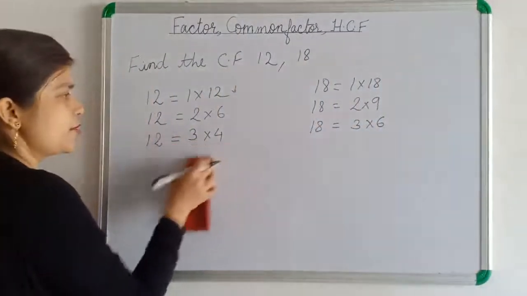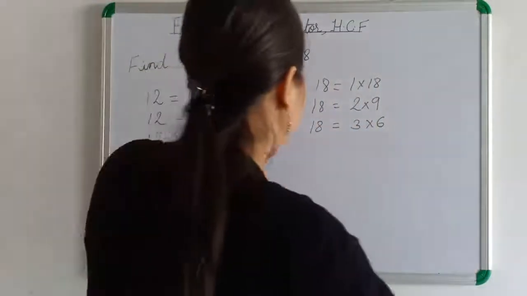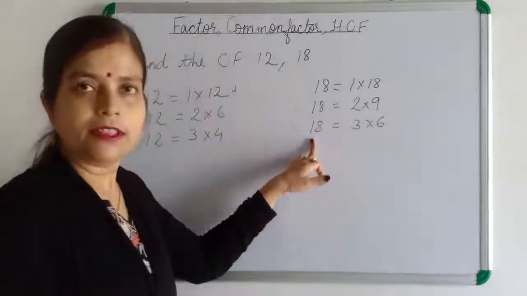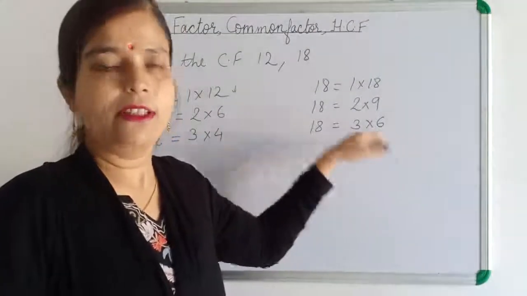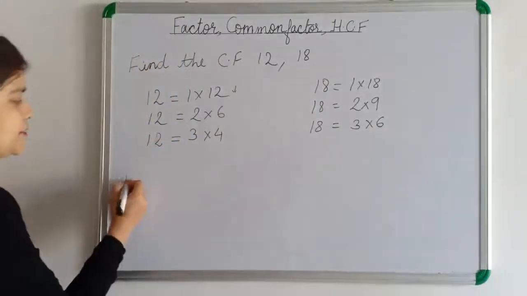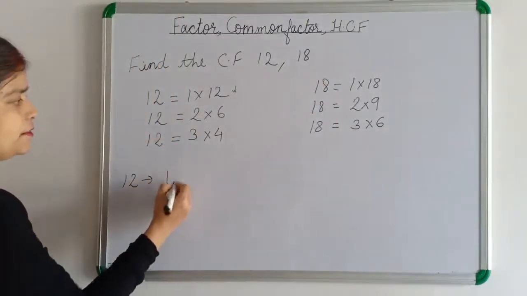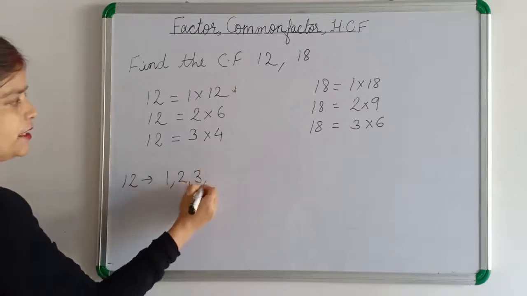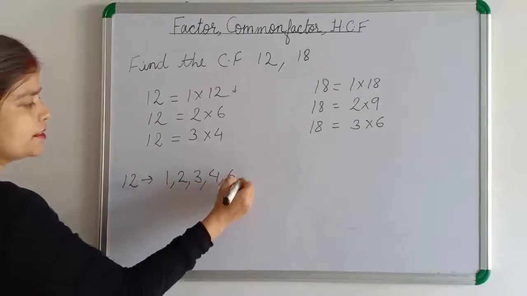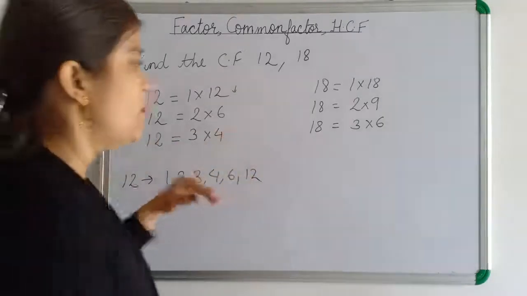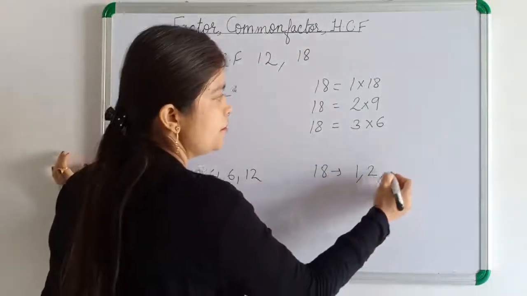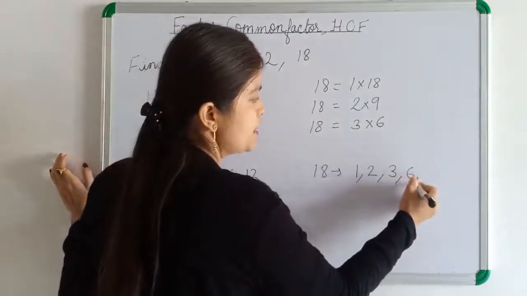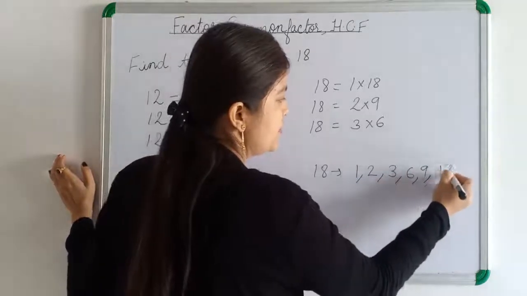Here only we will stop, and here also you can see it is not divisible by 4, it is not divisible by 5, and then here it is 6 only. So all the factors of 12 we can write nicely: 1, 2, 3, 4, 6, 12. All factors of 18 we can write here: 1, 2, 3, 6, 9, 18.